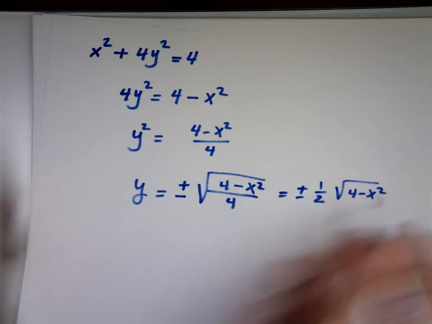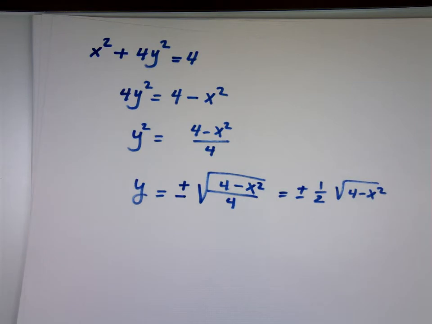And actually, I can take the derivative of that. I don't want to do it this way. Implicit differentiation is easier. But now I'm going to take the derivative of that, using the general power rule. So why not then do it?